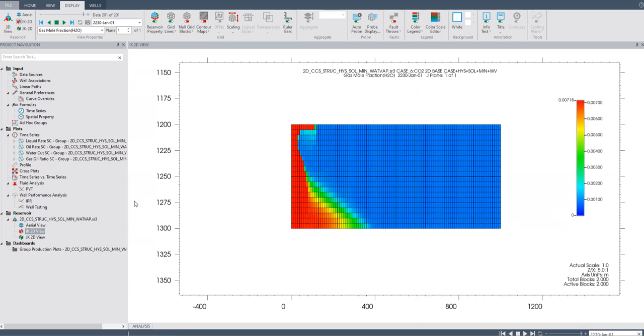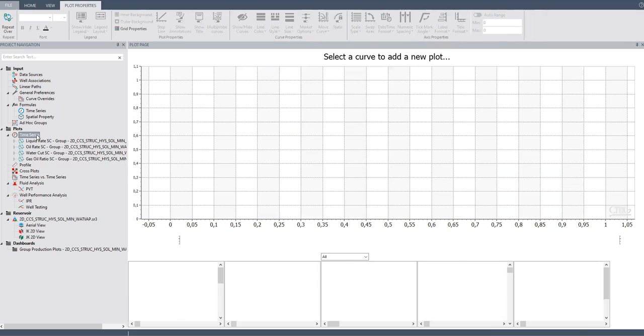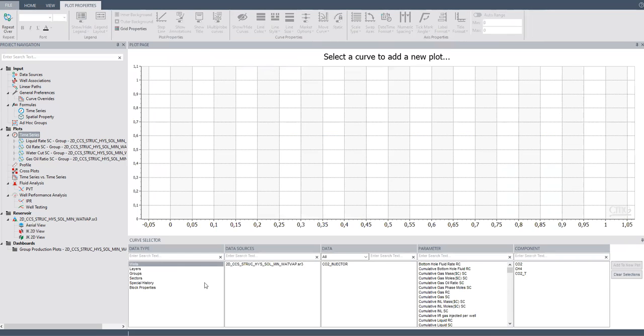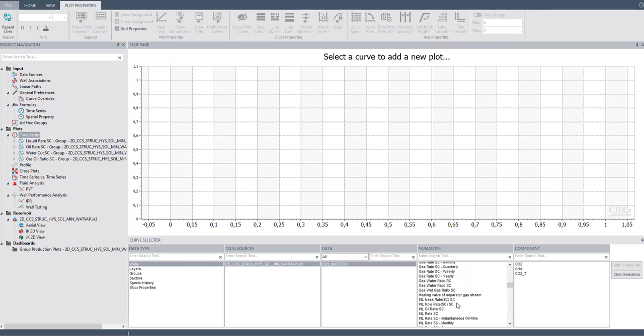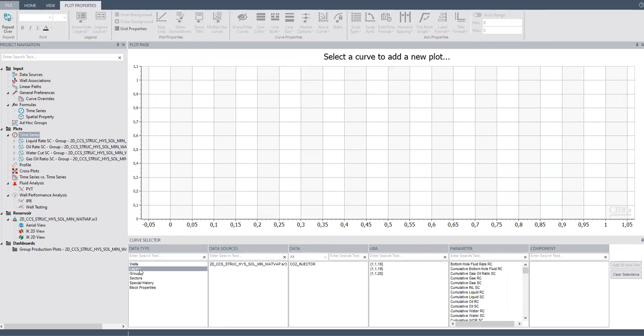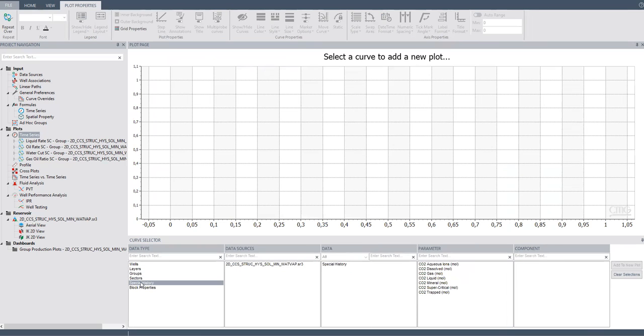Now let's just check the CO2 injector. I just want to see whether we have injectivity. We don't have such a parameter.